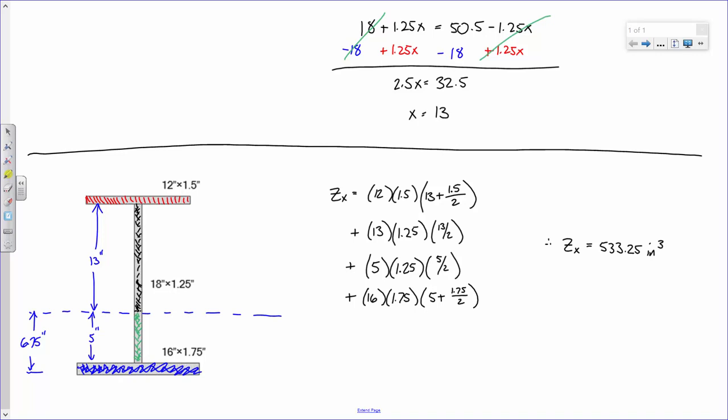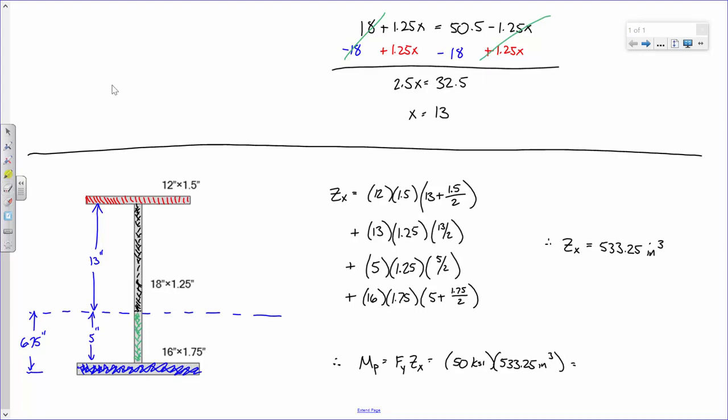And then in order to compute the plastic moment, all you're going to do is take Fy times ZX. So Fy times ZX, let's say Fy is 50 KSI, and ZX is 533.25 inches to the third.